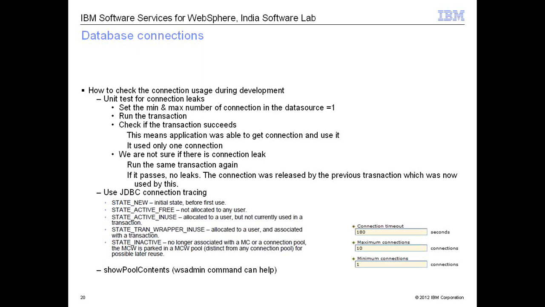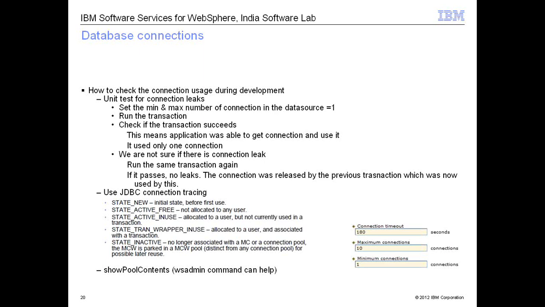We also have an option in WebSphere Application Server for JDBC connection tracing, using which you can know, even in concurrent situations, the state of each connection, whether it's being used, whether it is free, or somebody has taken it but is not doing any work on it. There's also one more WebSphere administrative command, called show pool contents. It gives very similar detail to what you see in tracing.